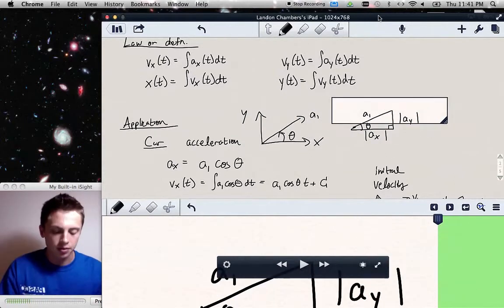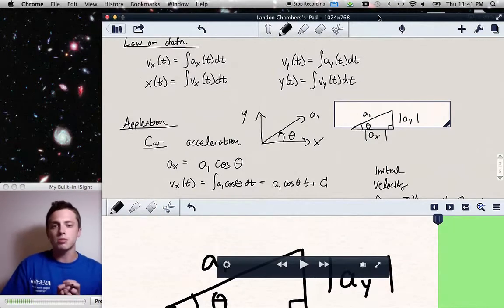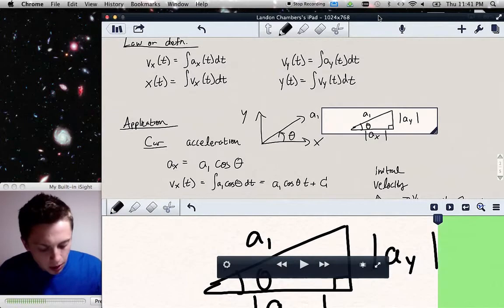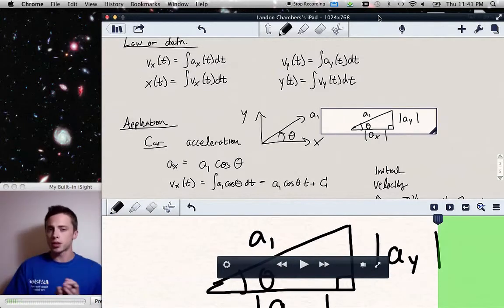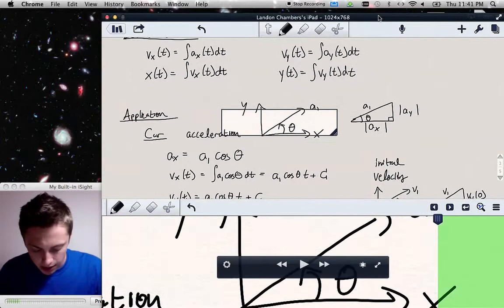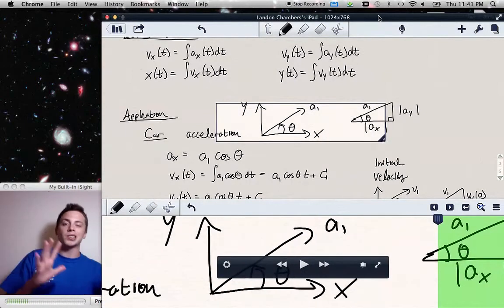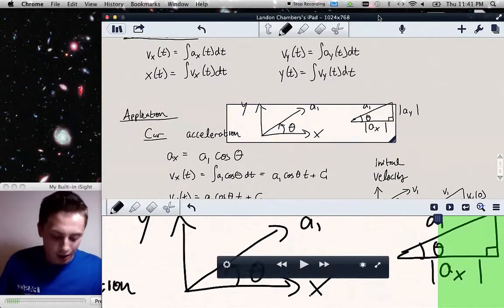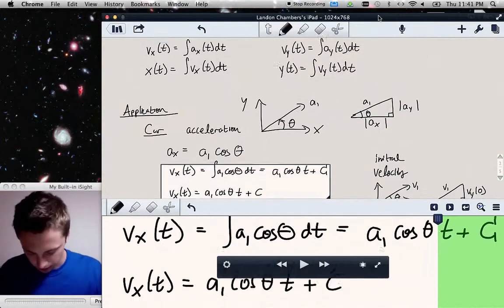I just put absolute value signs around it because sometimes we have positive and negative components, and when we're dealing with a triangle, we always want to take the absolute value of those components so that we're only working with positive lengths, okay? In this case, though, we have acceleration pointing in the positive x and the positive y, so ax and ay will be positive.